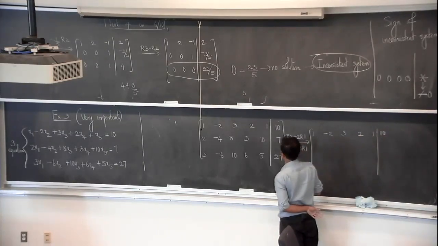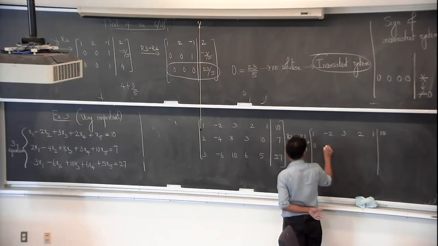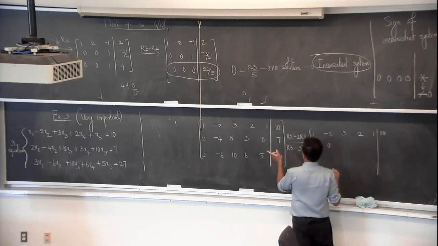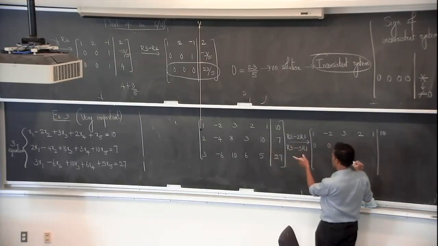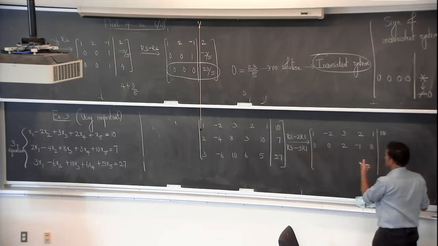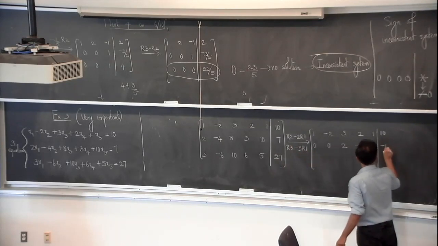R2 minus 2R1 is going to be 0, 0, 8 minus 6 is 2, 2 minus 4 is -1 (sic), 10 minus 2 is 8, 7 minus 20 is -13.